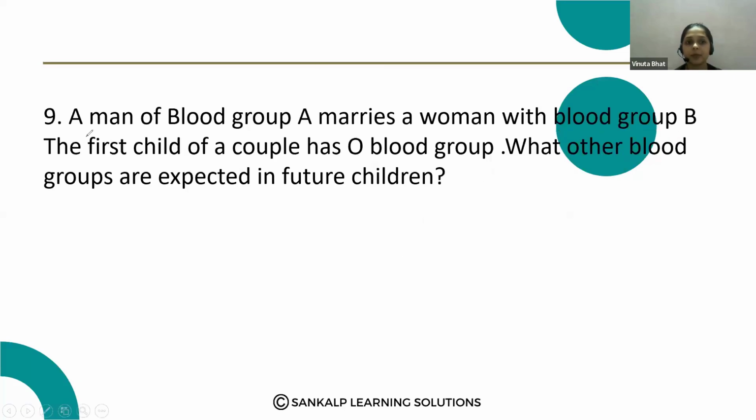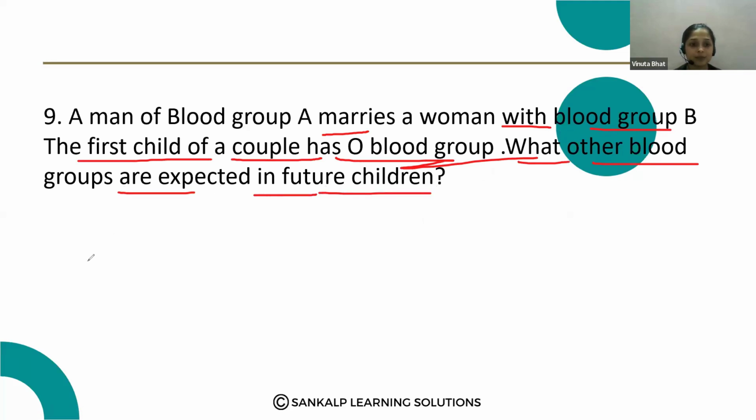Next question. A man of blood group A marries a woman with blood group B. The first child of the couple has O blood group. What other blood groups are expected in the future?